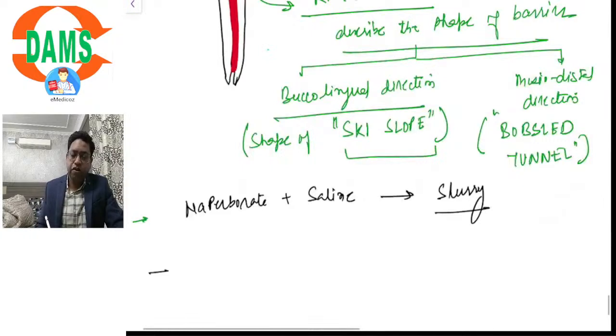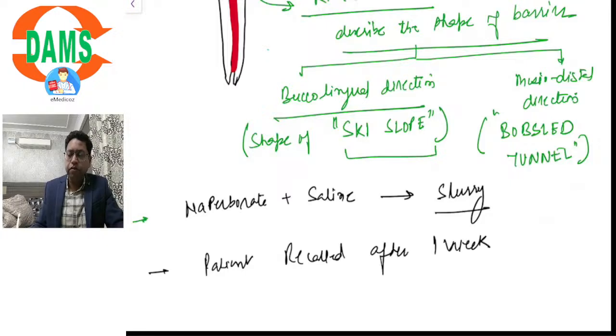The patient is recalled after 1 week. We assess the progress of the treatment. Has there been any improvement in the shade or not? And accordingly, we can give another repetition.